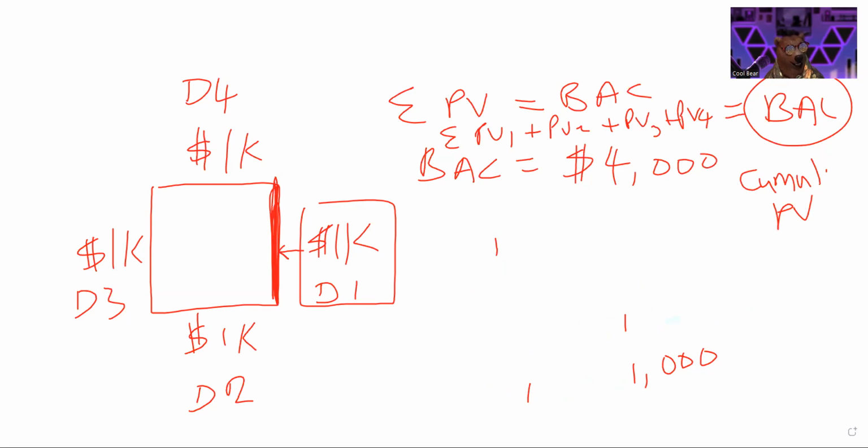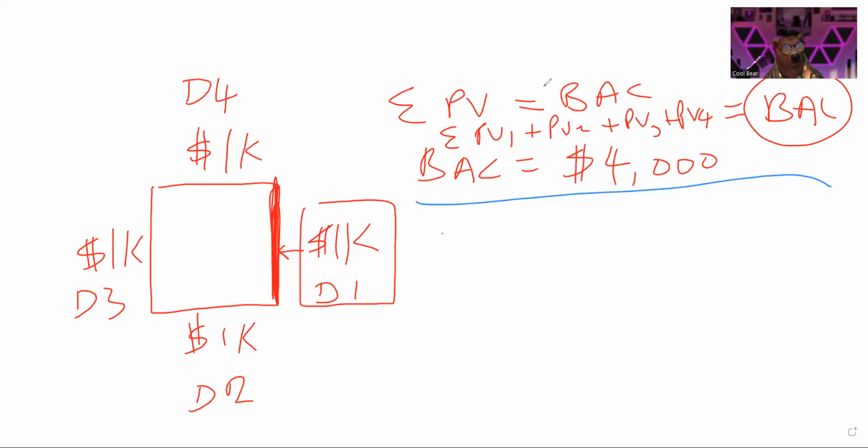Now we know planned value is the budgeted cost that we are scheduling for the work on day one and all the other days. We can then take one day, day one, assuming day one happens, but we're only able to complete half of the fence. Then earned value is going to be equal to the percent complete times the planned value.